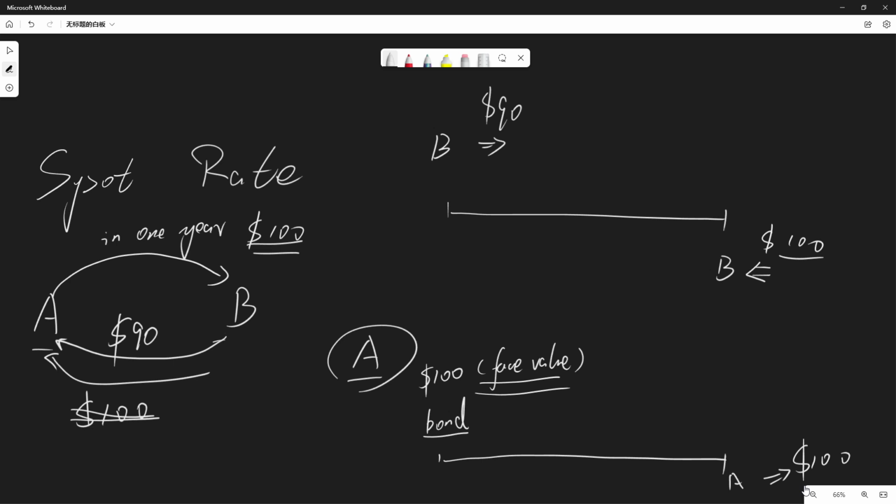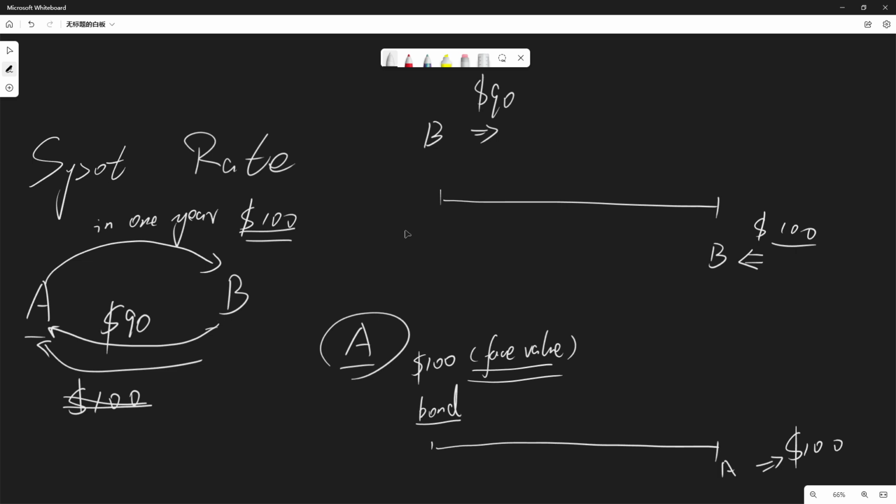Okay, so in this case, B holds that bond, and A needs to pay $100 in 1 year. All right? And because A issues bonds at time 0, time now, they need to get money because they issue the bond. So what amount of money did A get at that issuing date?